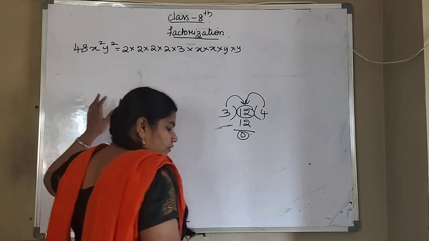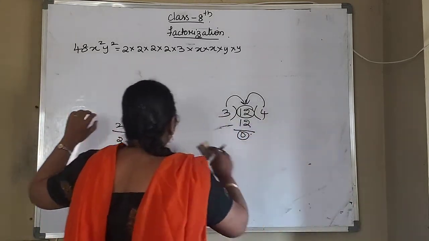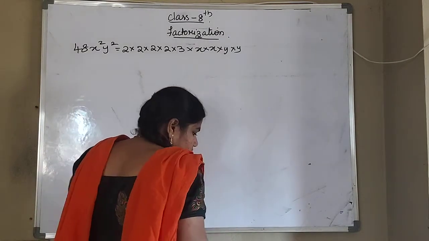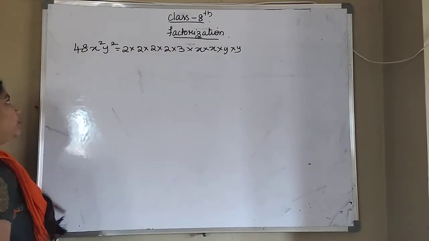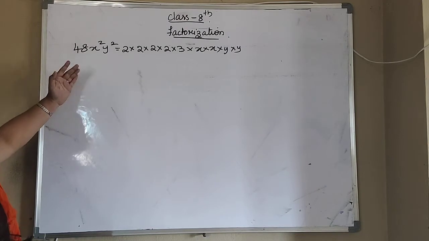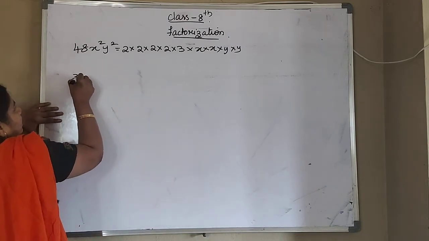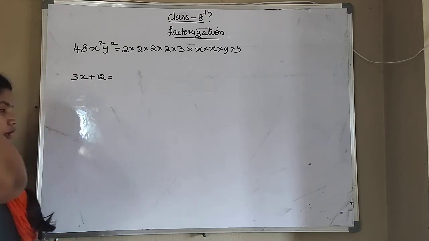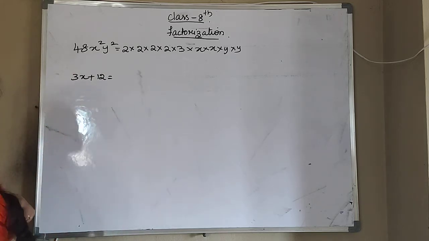In the same way, if you are having two terms, how to do, we will see. This was only a single term. Now I am taking two terms, that is 3x plus 12. How many terms are there? Total two terms. How to factorize these two terms, we will see.